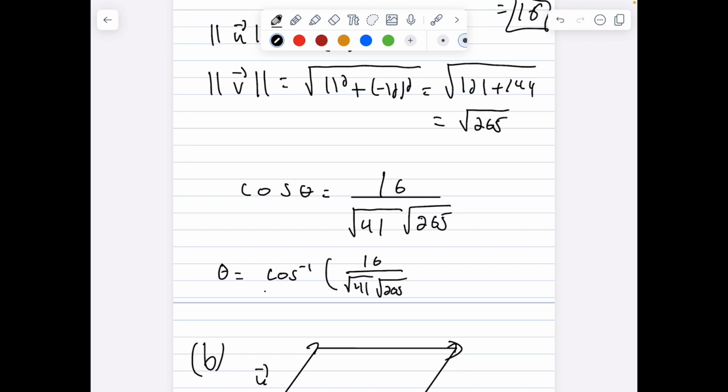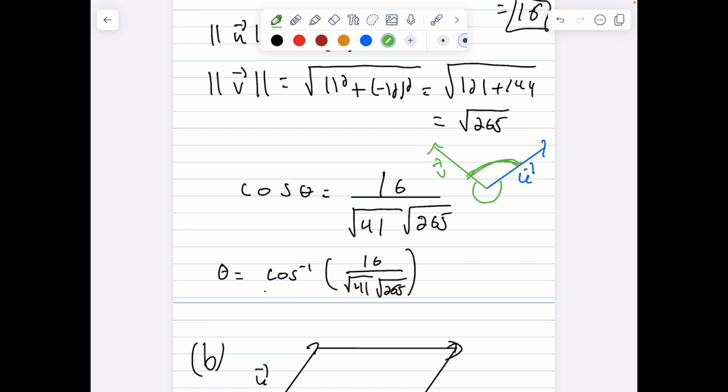Now, when we're asked for the angle between two vectors, draw a little generic picture, and let's say that's u and v is here in green. Technically speaking, there are two angles, one usually larger than the other, except when the angle between them is 180 degrees. We're always looking for the smaller angle between them.